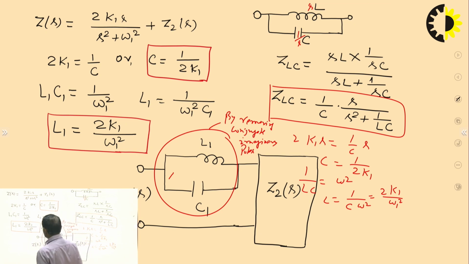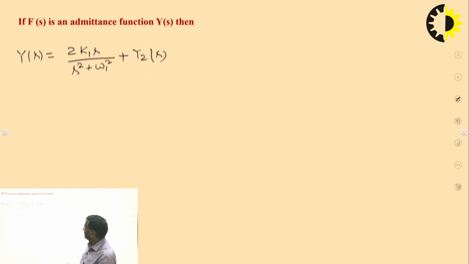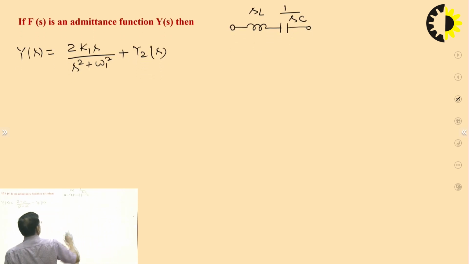Then L1 and C1 will be in series, and in parallel with the remaining elements. So if the function is admittance, we can get the values of this inductor and capacitor.